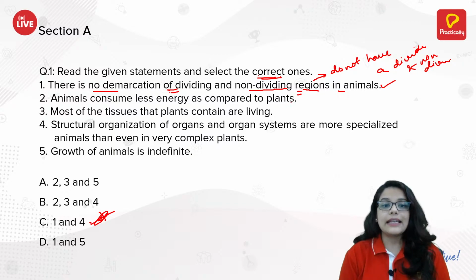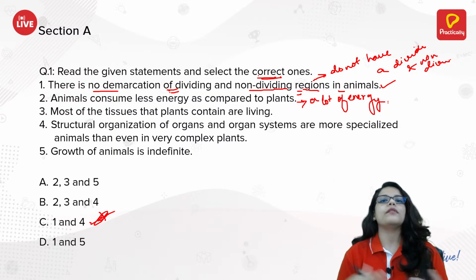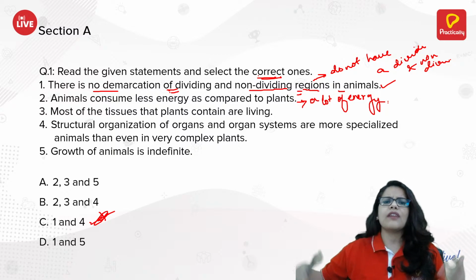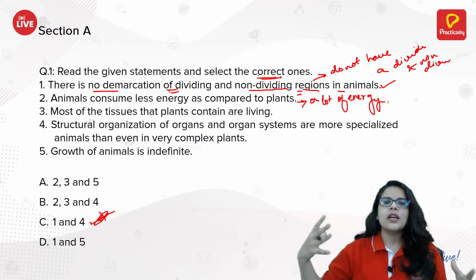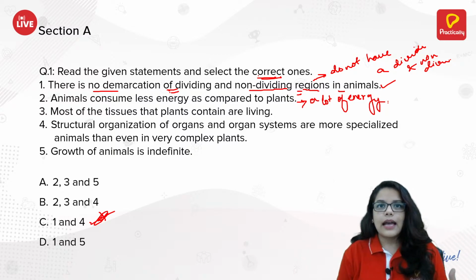Now, animals consume less energy as compared to plants. That is so wrong. Animals consume a lot of energy. Why? Very easy. Animals are always moving. Animals have a complex system. They have a lot of machinery inside. They have organs, organ systems, digestion, egestion. So many things are happening, and reproduction is so much more complex.